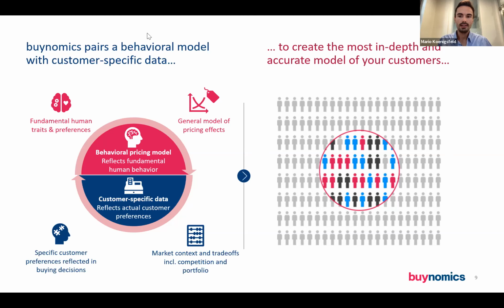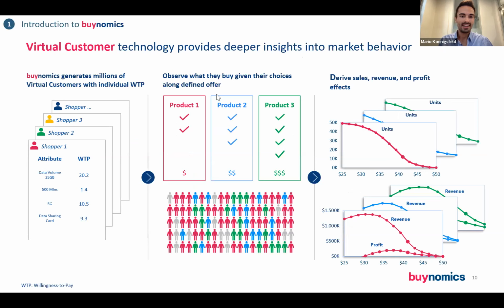If we move to the next and final slide before jumping into our tool, we see a little bit of a deep dive here just to give you more conceptual insights into the virtual customer technology. It basically works the following. We at Buynomics create, based on our modeling and based on the insights that we receive from our clients, a model of virtual customers, and those virtual customers assign willingness to pay for the individual product features.